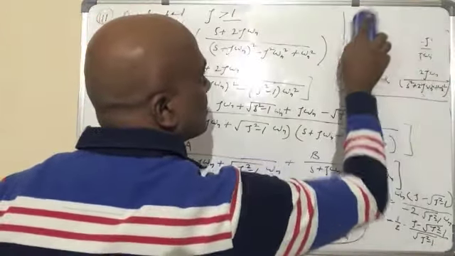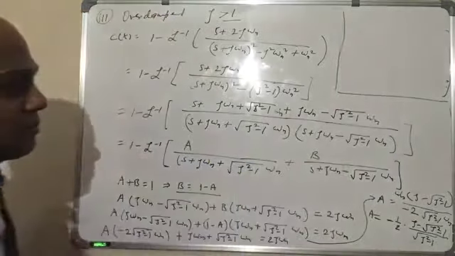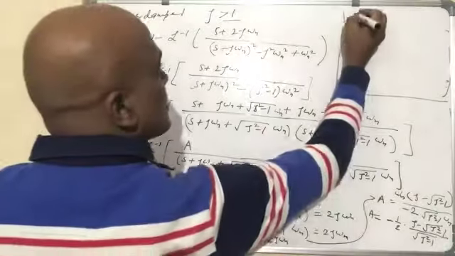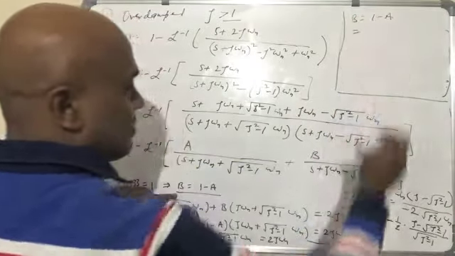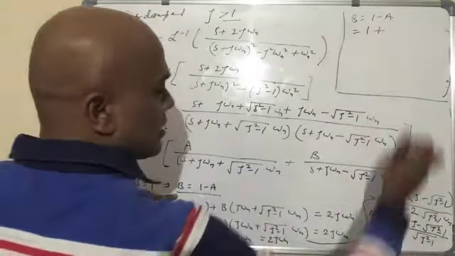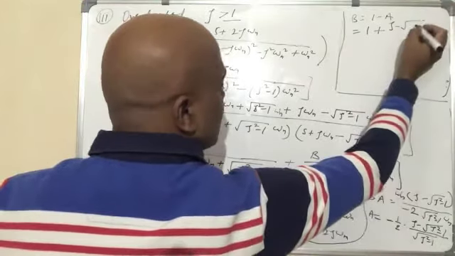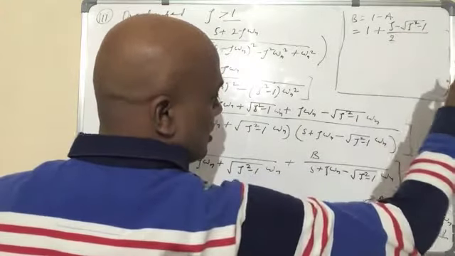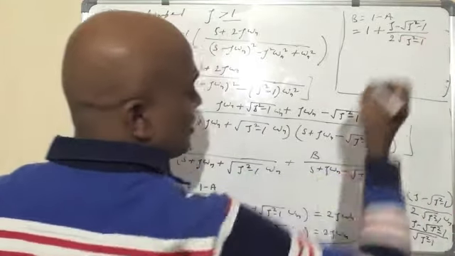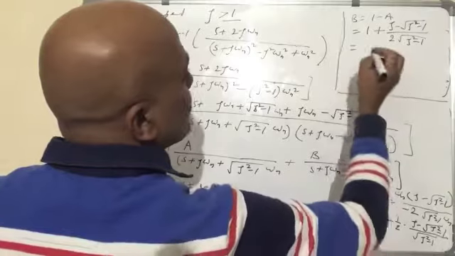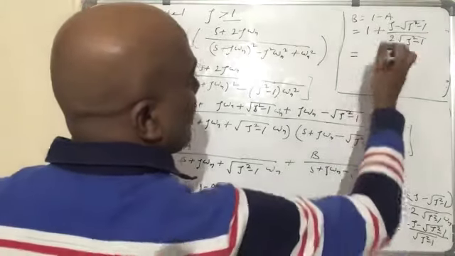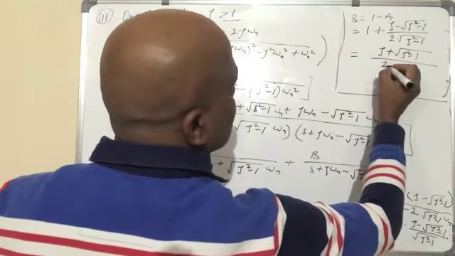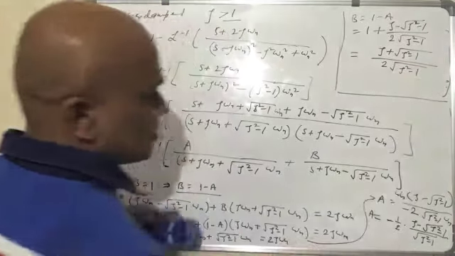So a is this one, so b is nothing but 1 minus a, so b becomes 1 minus a is equal to 1 plus zeta minus root zeta square minus 1 divided by 2 root zeta square minus 1, and which is equal to zeta plus root zeta square minus 1 divided by 2 root zeta square minus 1, yeah.